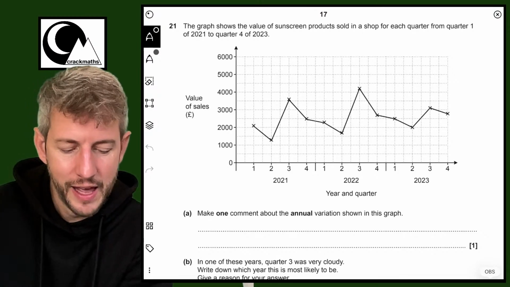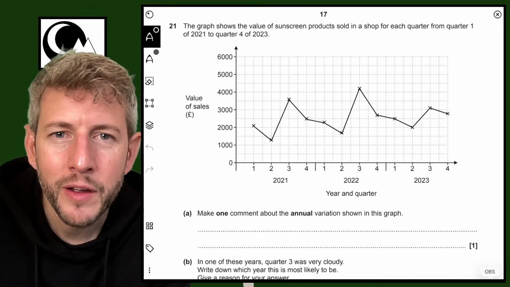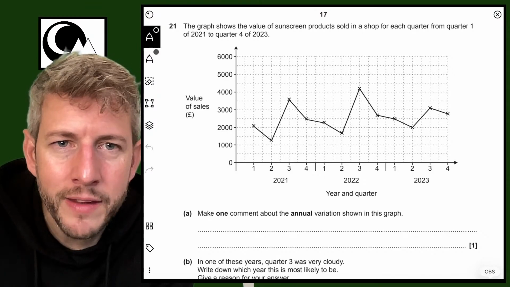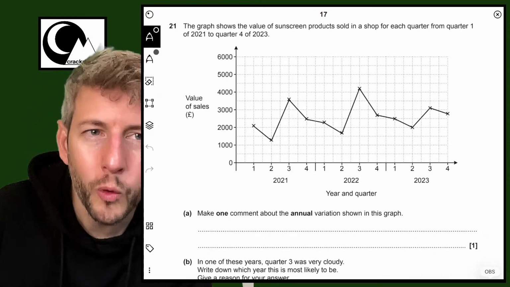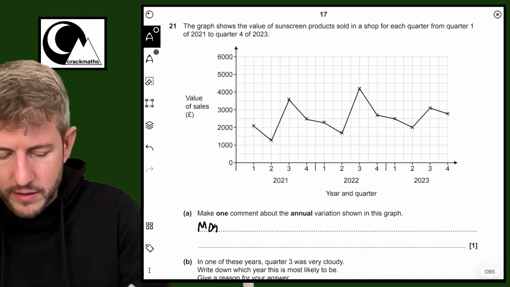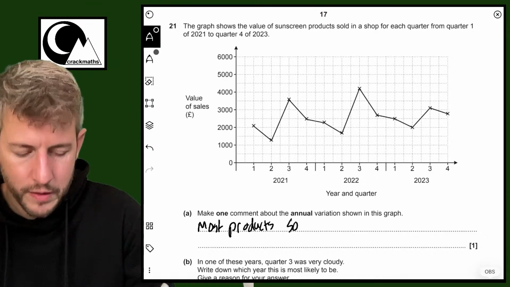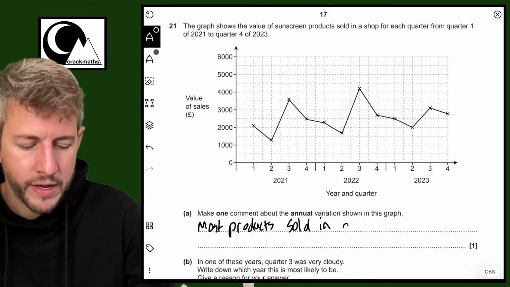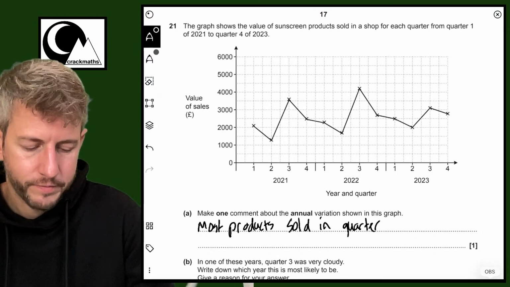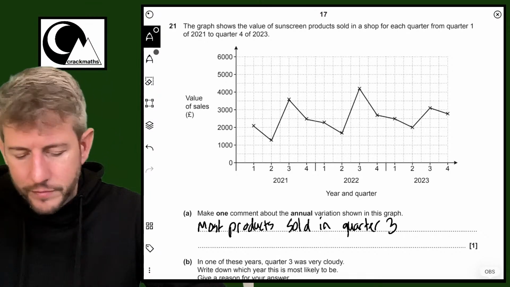Well, it looks to me like quarter 3 is always the best seller. Most products sold in quarter 3. So that's one comment.